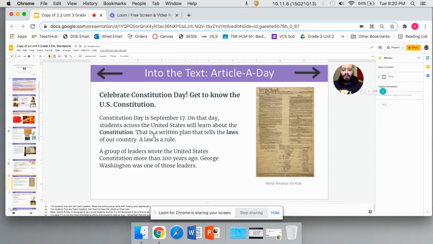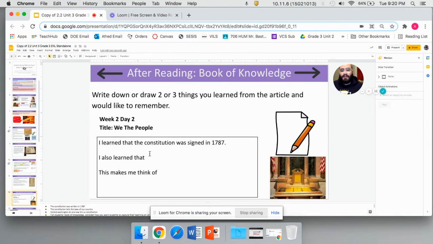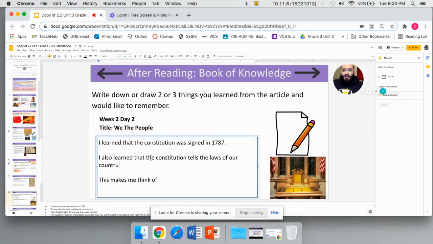Another thing that I learned is that the Constitution tells the laws of our country. So I'm going to write that down. I also learned that the Constitution tells the laws of our country. Now, this makes me think of the time that I went to Washington, D.C., and I actually saw the U.S. Constitution.